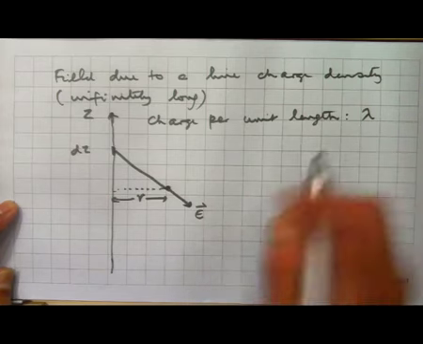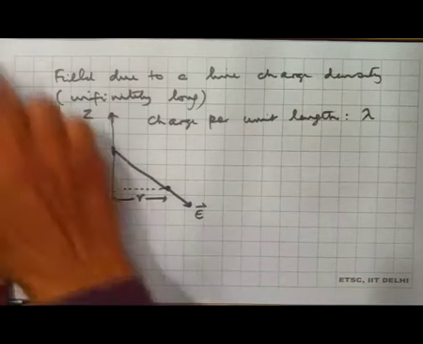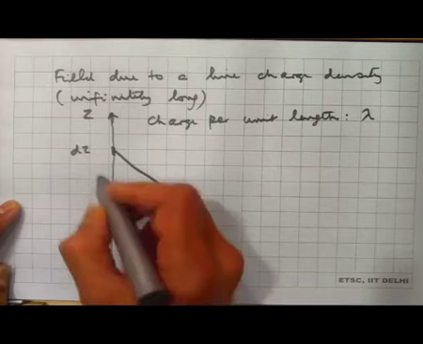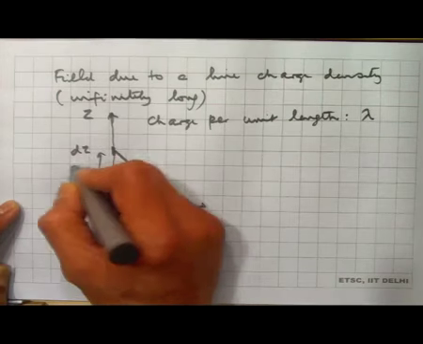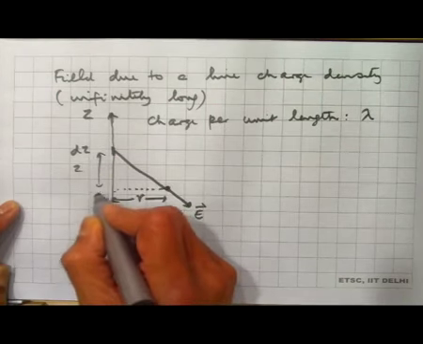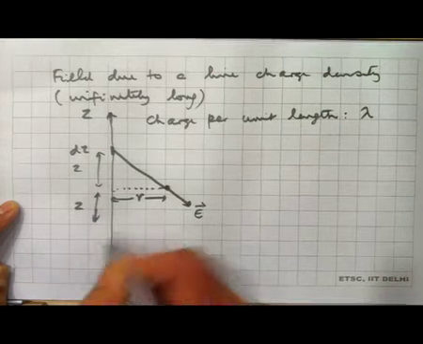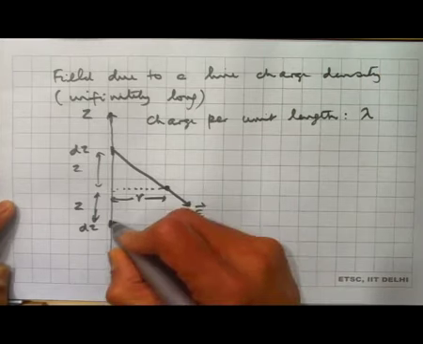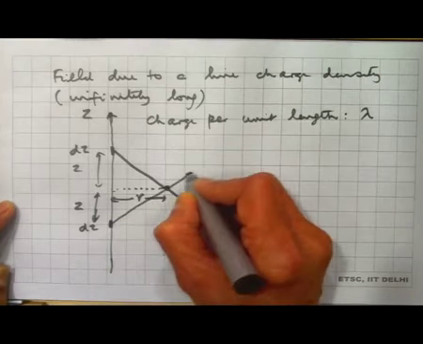Here, for simplicity, I am considering a positive charge density. Please note that this element is at distance z from the axis. At a distance z on the other side I can also have an element, and this element will produce an electric field like this.